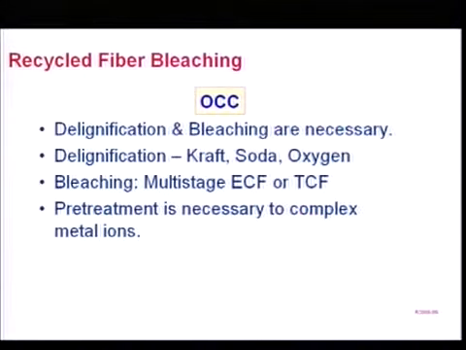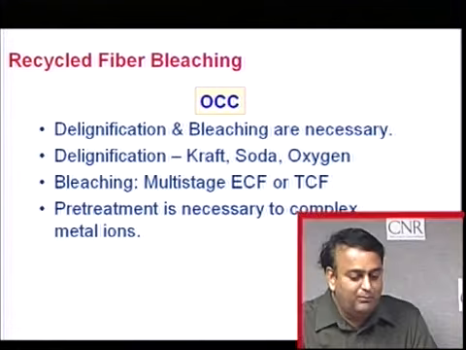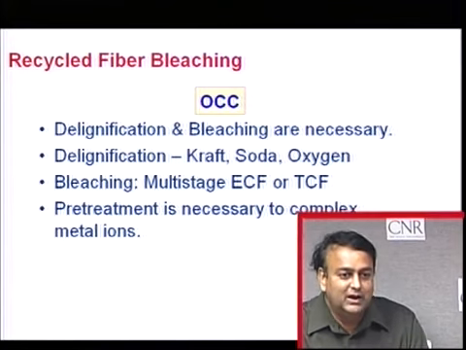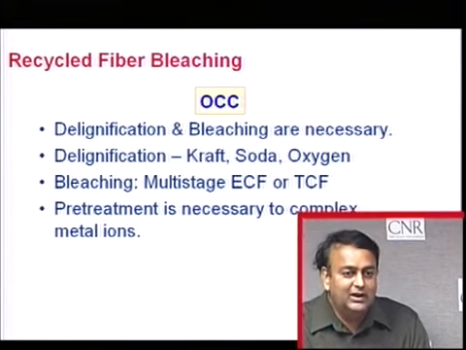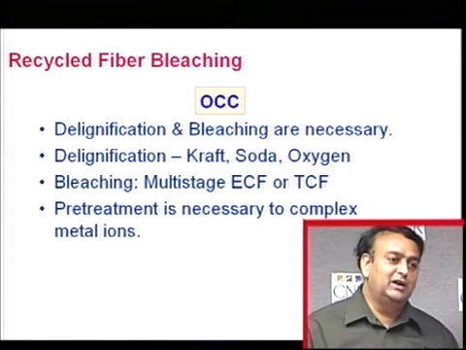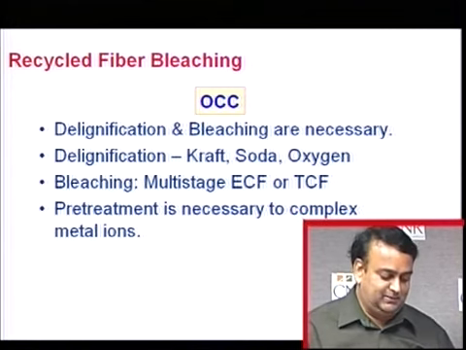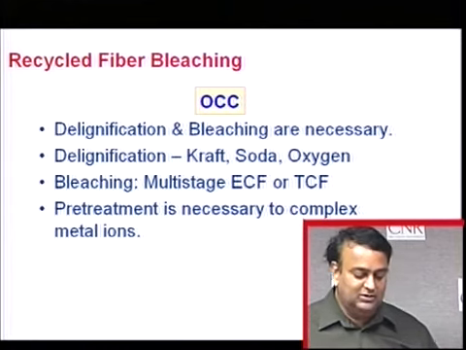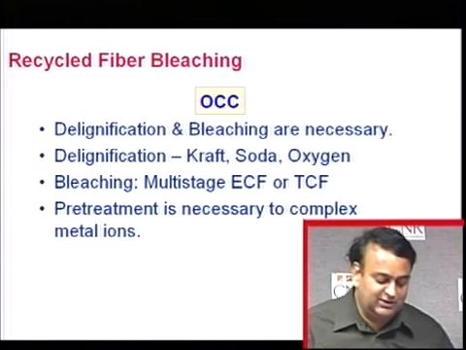OCC, old corrugated container. Now, let us take from brown fiber. I want to make white fiber. I need a delignification process because I have lignin present in that. Unless I remove that lignin, I am not going to make it white. So, you can cook it by Kraft process, soda process, or oxygen, multiple stage oxygen delignification.